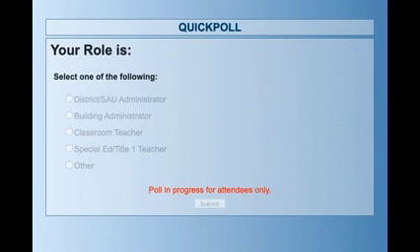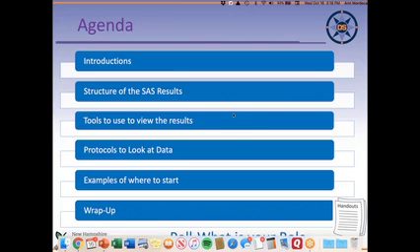It's still 100% building, so I guess everybody's an administrator. Give it another second, see if anybody else is trying to work on that. Nope. It looks like we've got a few SAU administrators, a couple classroom teachers, and mostly administrators. Okay, that's good to know. Thank you very much.